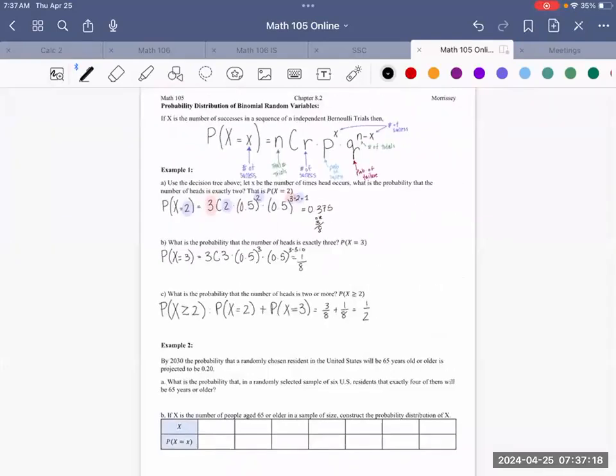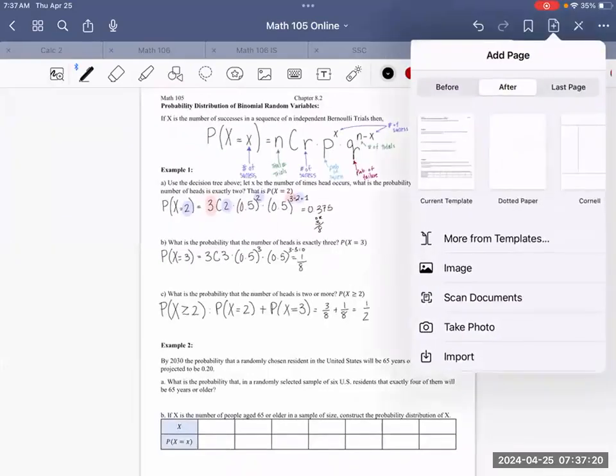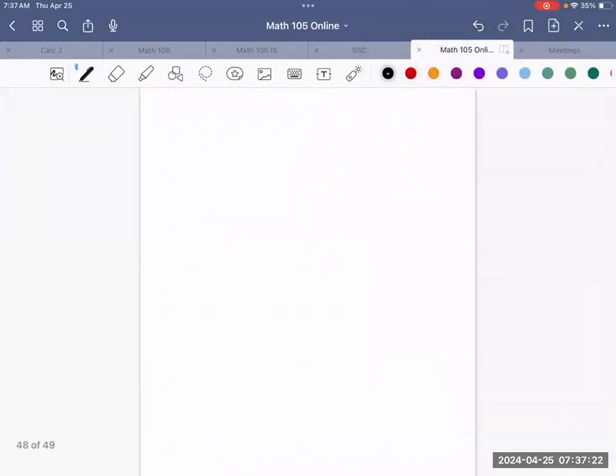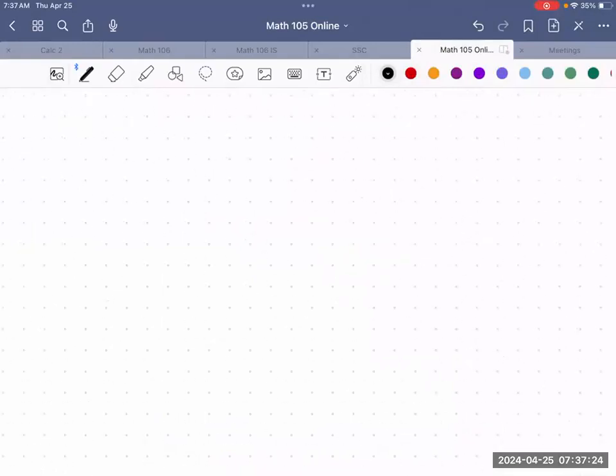Now I'm going to pause and see if we can do one more, just increasing the amount of tosses. So let's try it again, where n is equal to 5 tosses, and we're looking for the probability that x is equal to, let's just do 4.